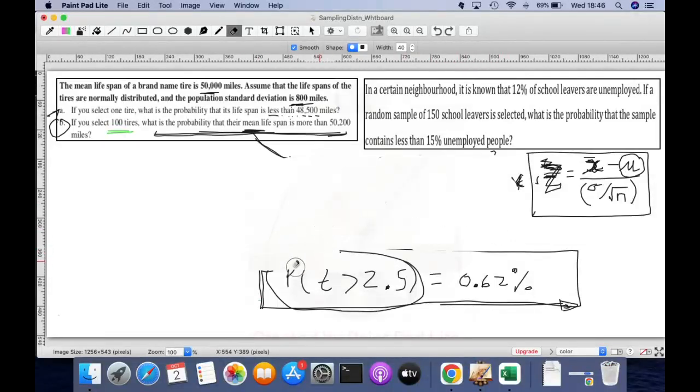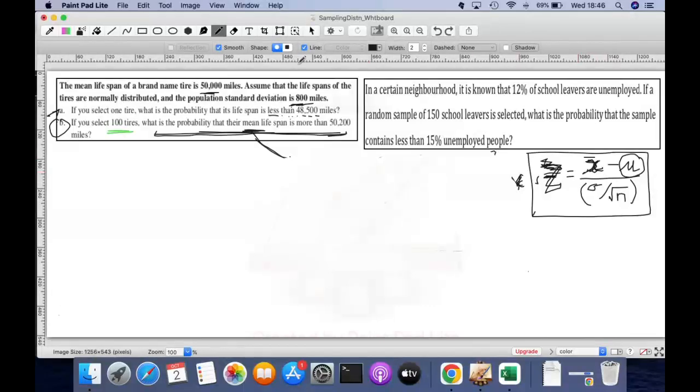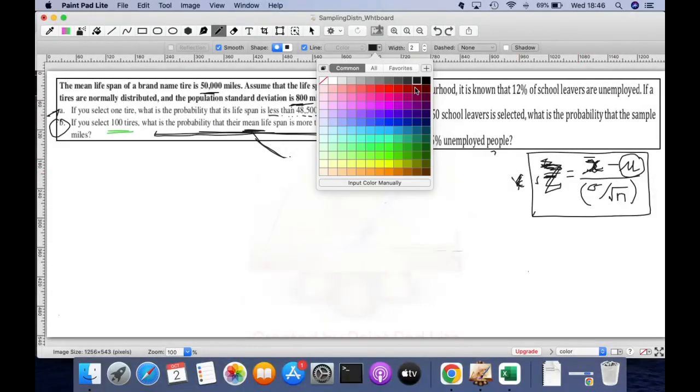Just a note, you sometimes can get asked, what is the standard error? And they may ask you to work that out. If you look at all your Z formulas, we're going to do another Z formula in a second, but for this Z formula, look at what's in the denominator.